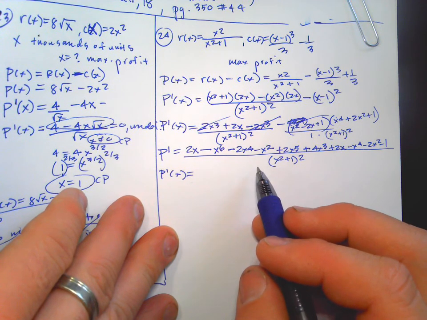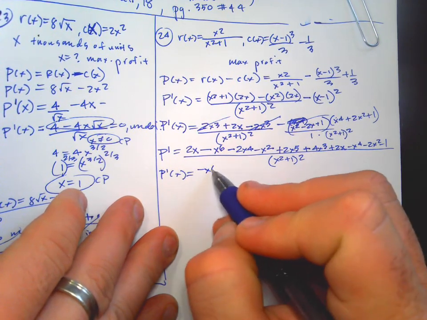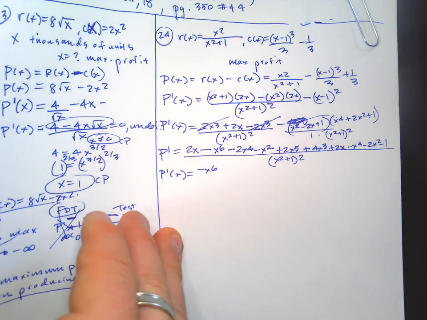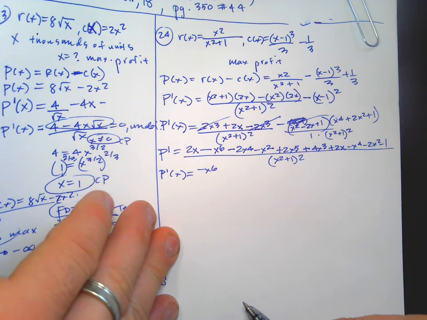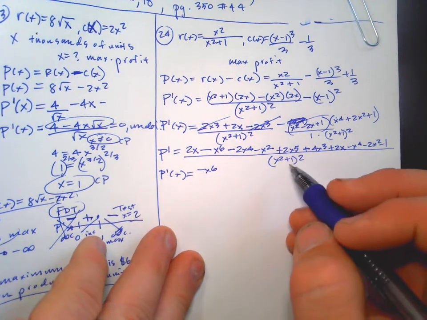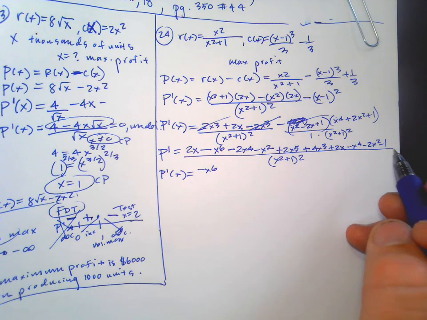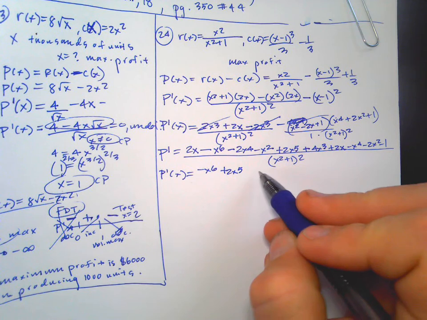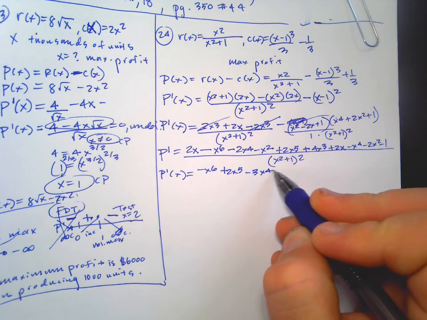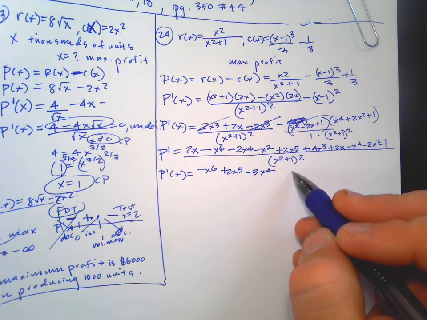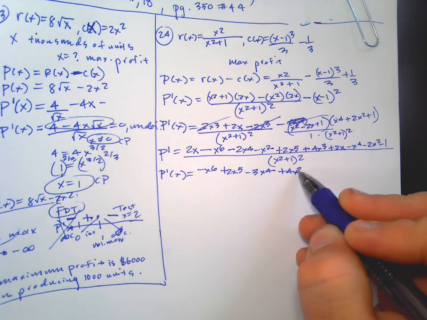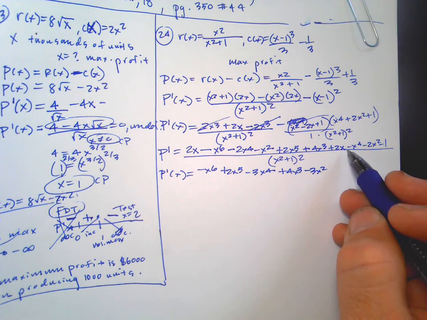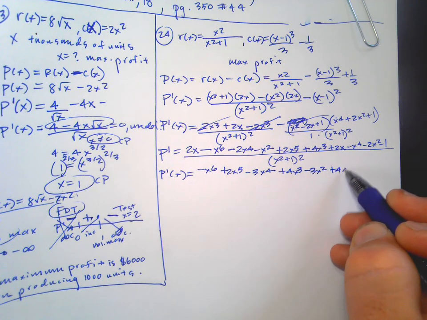So let's see, we have a negative x to the sixth, plus 2x to the fifth, minus 3x to the fourth, plus 4x to the third, minus 3x squared, plus 4x, minus 1.